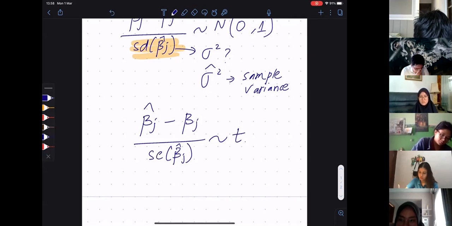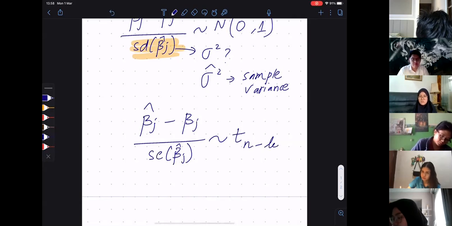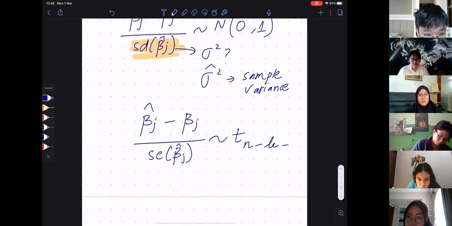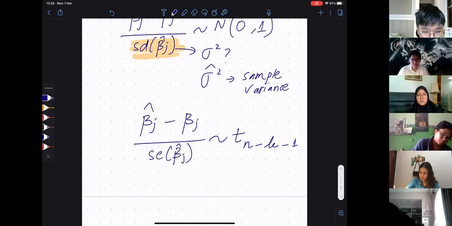The degree of freedom is the number of observations n minus the number of parameters, or number of variables, and then minus 1. We'll talk about this later on.